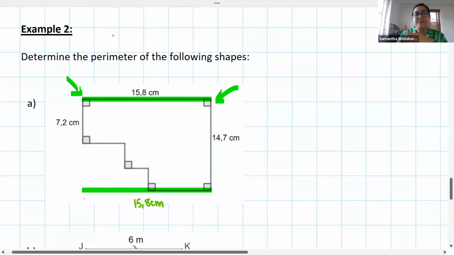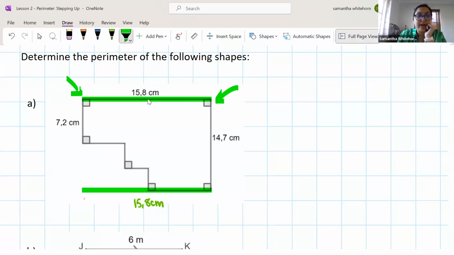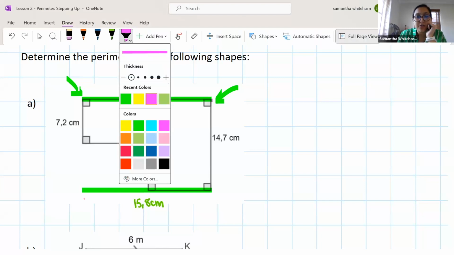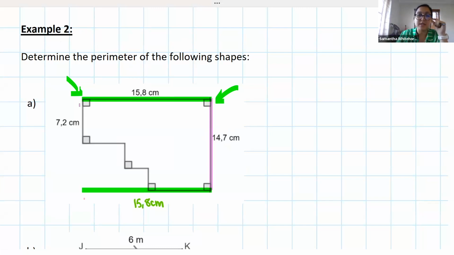But we'll get there. Right, the next length that I know for sure that I have is this 14,7 length. Once again, not quite capable of drawing a straight line, but we move. Right, this 14,7. Again, because of the right angles, technically what I'm working with is a rectangle that just has pieces cut out.